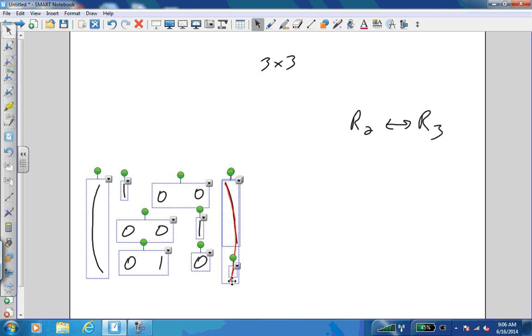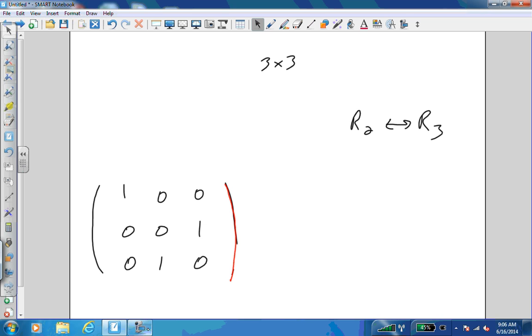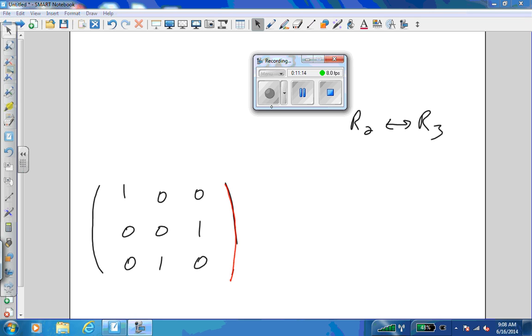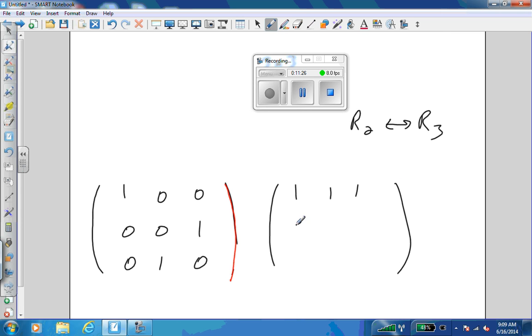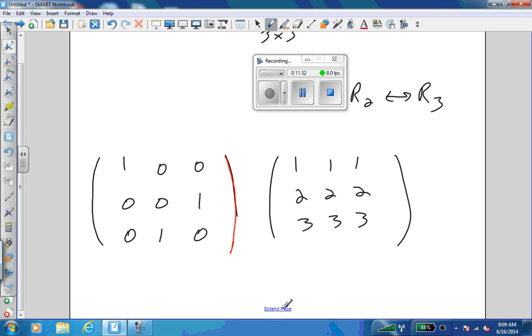Remember, we have to make sure we multiply on the left side with the elementary matrix. So we take the previous matrix we used, and let's multiply these together.